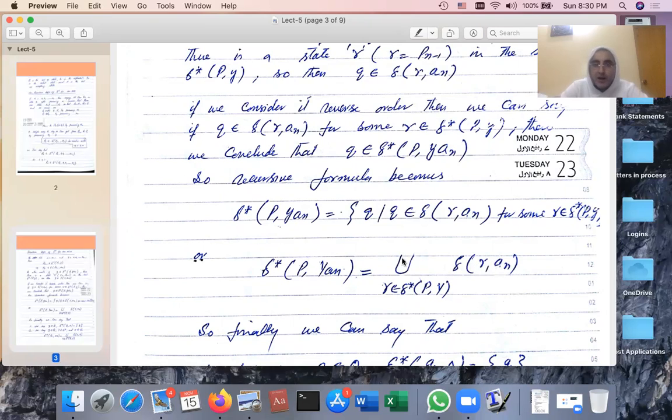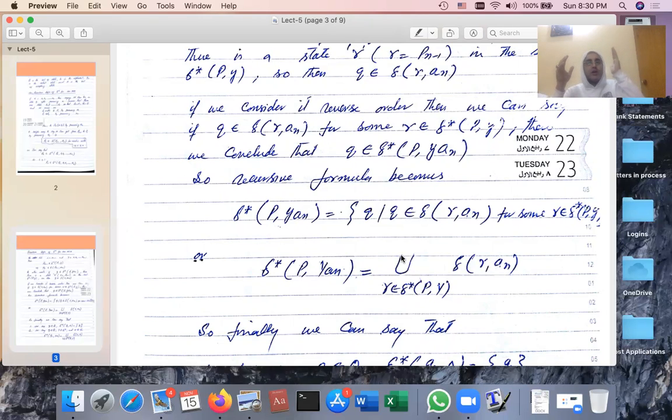But what is my r? My r is the transitions from my initial state to pn minus 1, the second last state. And how can I depict that in this equation?